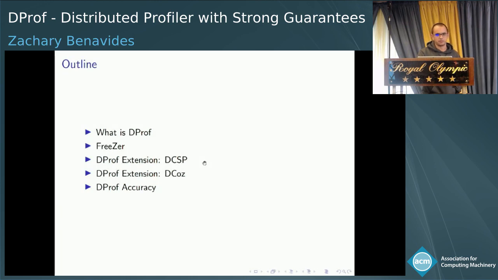These are both distributed versions of existing shared memory parallel performance analysis techniques that we built on top of DProf. And then finally, I'll show you the results of a sort of holistic accuracy experiment that we did using DCSP and DCause to show the effectiveness of Freezer and DProf in relation to other current timestamp synchronization algorithms.